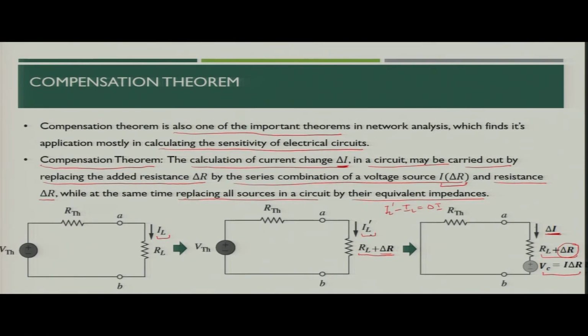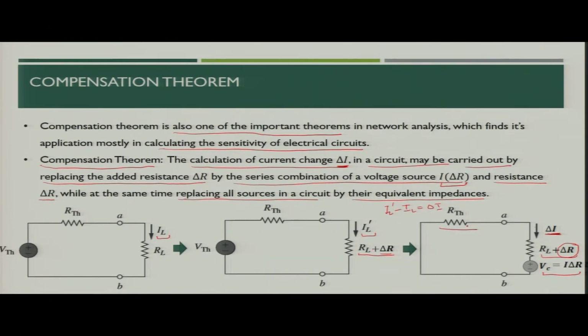So, that means the original Thevenin voltage we are replacing with a short circuit. If we have a current source, then it will be open circuited, while keeping all resistance values in the circuit. So, the equivalent resistance value of the circuit is RTH.